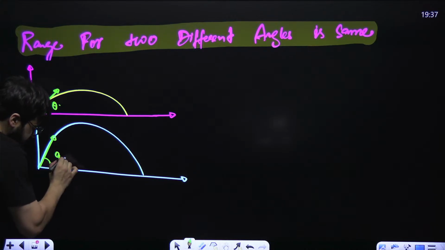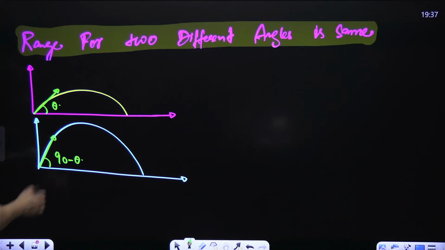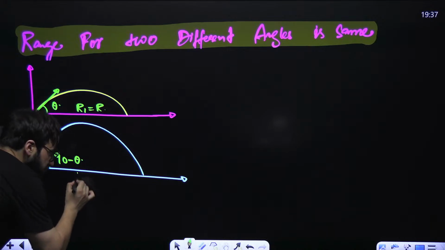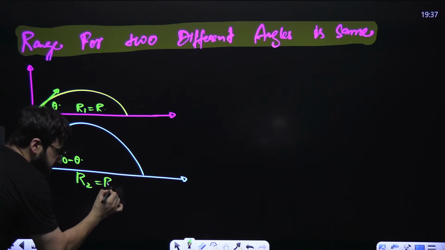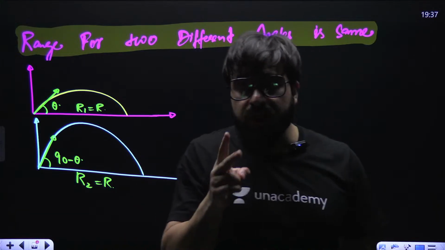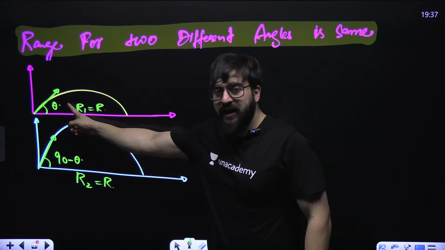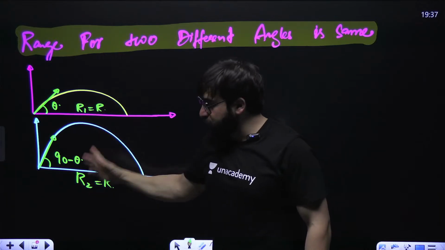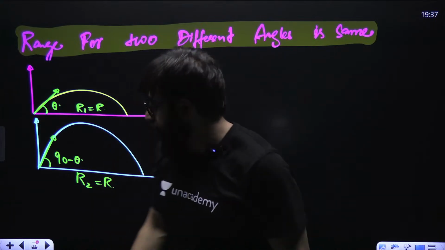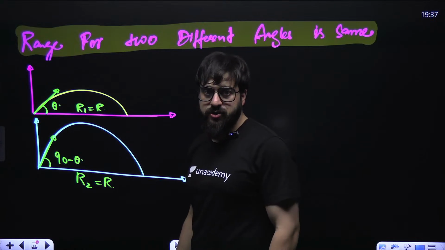And if this is 90 minus theta over here, guys, if this has the range R1 is equal to R, this will also have the range R2 is equal to R. Means, sir, range for two different projectiles is same. Yes. If you throw this projectile at an angle theta, another projectile you throw at 90 minus theta, both will have the same range.